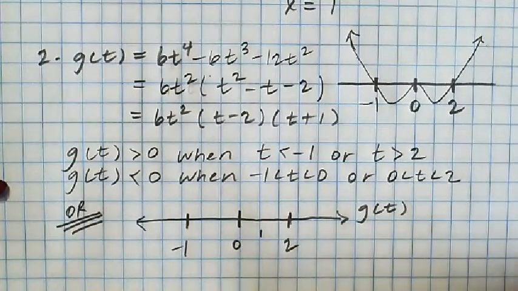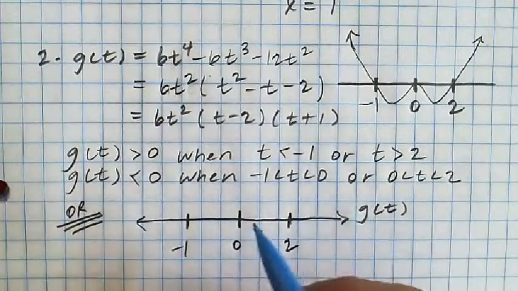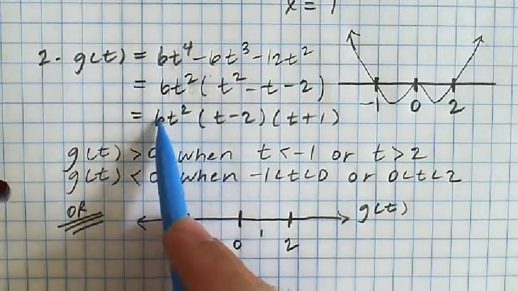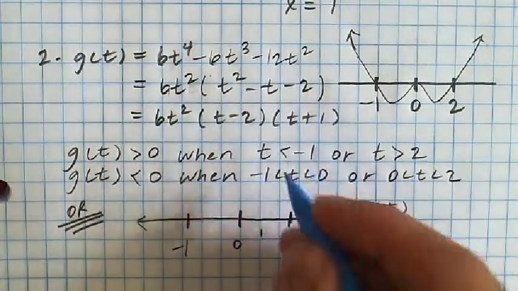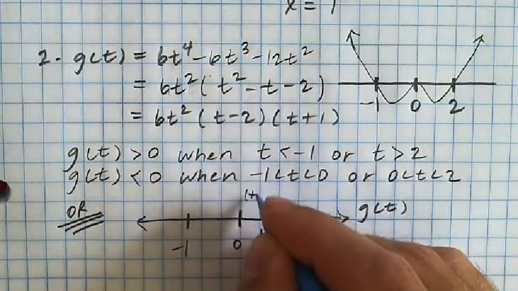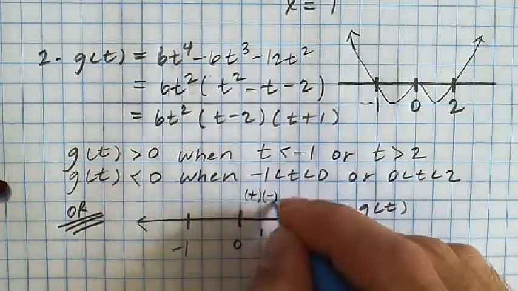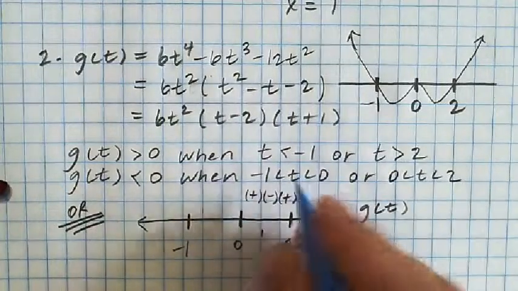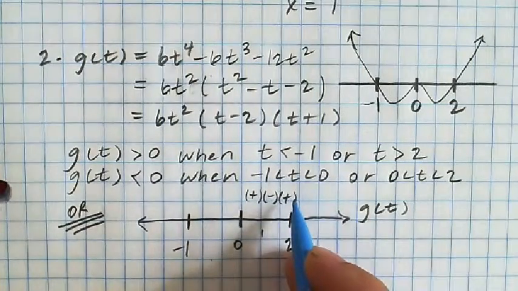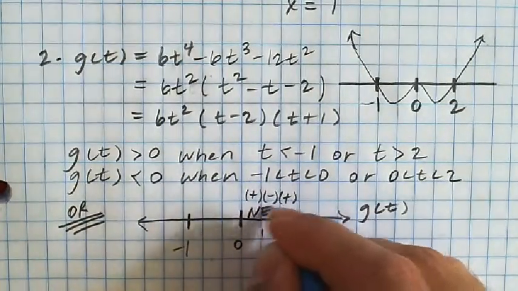But that's kind of a more pre-calculus argument to make, so I'm not going to really talk about that. So this is 6 times t squared, 6 times 1, is positive, times 1 minus 2 is negative, times 1 plus 1 is positive. So I've got a positive times a negative times a positive, which means this is negative.